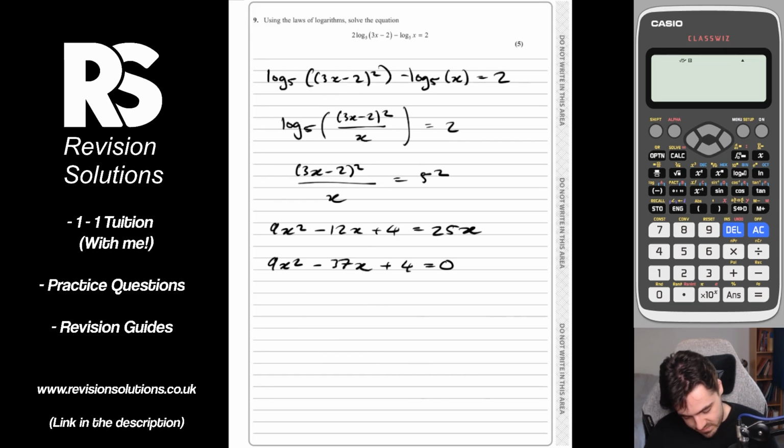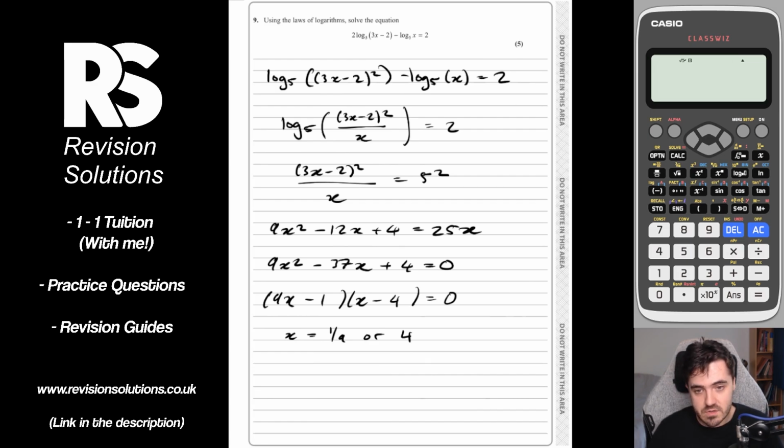Then I can factorize that, so it would be a 9x and an x. If I put a minus 4 in here, that gets me to minus 36, and the minus 1 in there gets me my plus 4 as well as another minus x to go to minus 37x, so that works. So the solutions look like a 9th or 4.